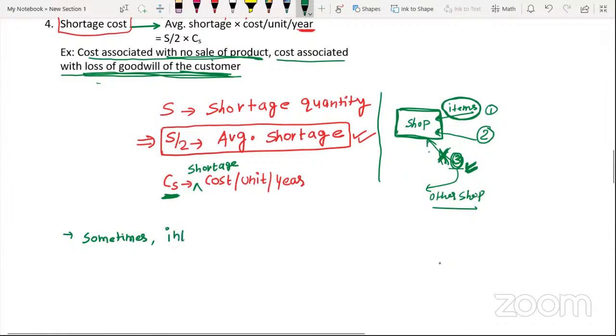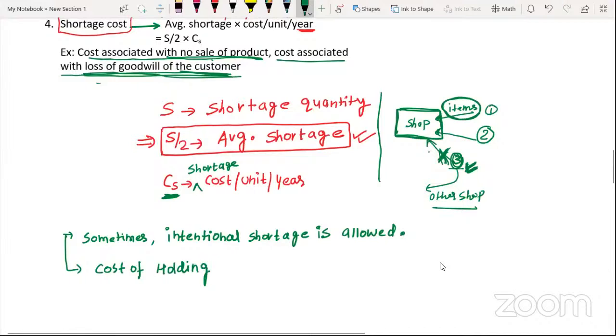Sometimes intentional shortage is allowed, because the cost of holding becomes greater.